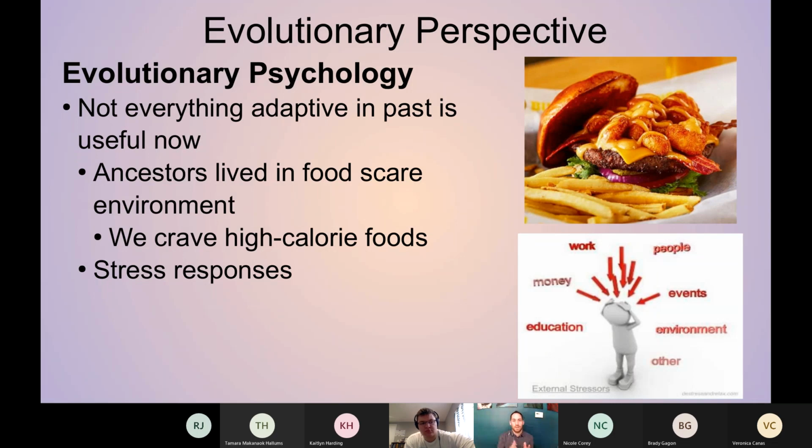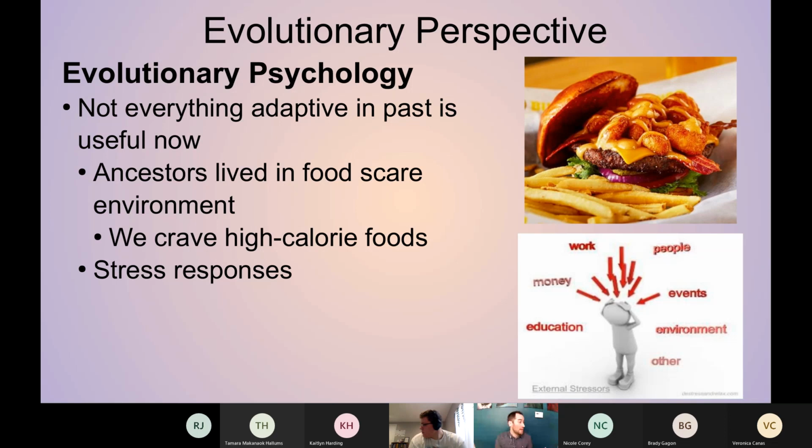We're built to handle that quick, immediate stress, get away from the cougar or kill the cougar, and then calm down. But when that stress is over a very long period of time, take, for example, being in poverty and having those additional stresses all the time, we have not evolved the capacity to handle that kind of stress. That's not what our experience has been, so we're not evolved or adapted to it. Our stress response can actually be pretty bad in that kind of situation, leading to things like anxiety disorders.